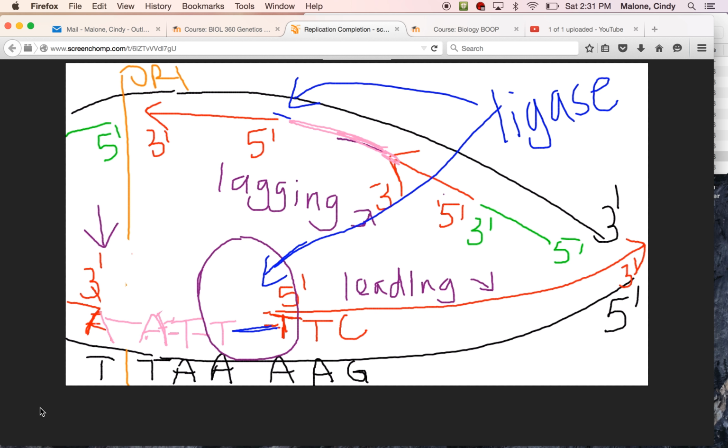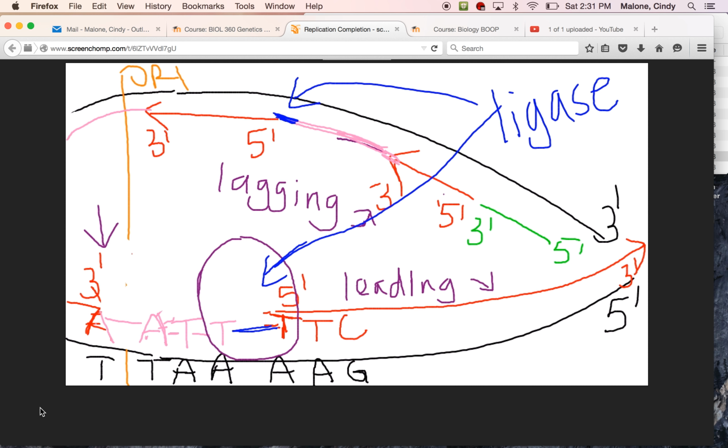Ligase hops into that bad boy and makes that last phosphodiester bond. Right, well, what about this one over here? Yeah, it's on the other side of the origin, but guess what? There's a juicy 3' OH. We hop on that bad boy. We go all the way through, and then the connection of that guy to the other strand is also mediated by ligase. Okay, so we have essentially resolved the Okazaki fragments.